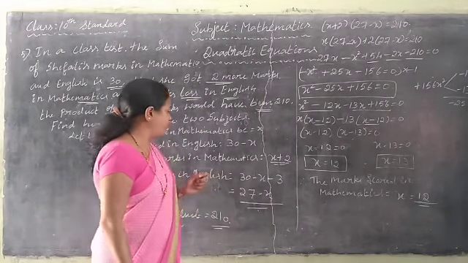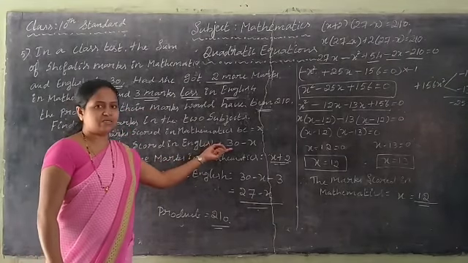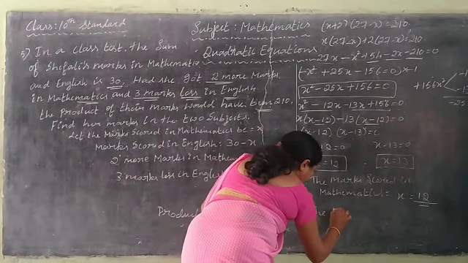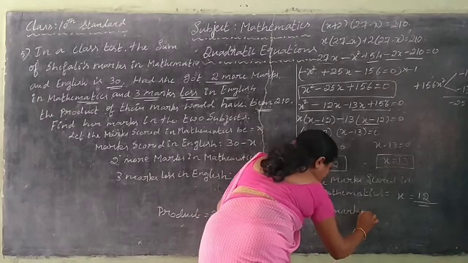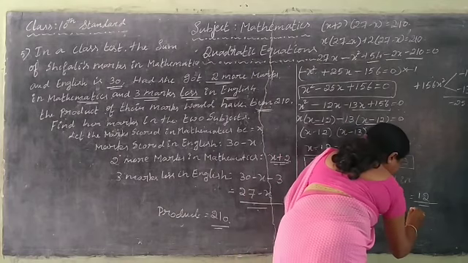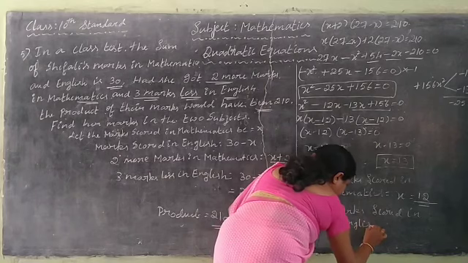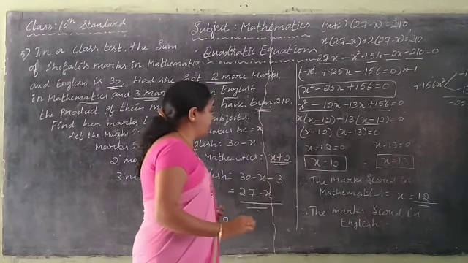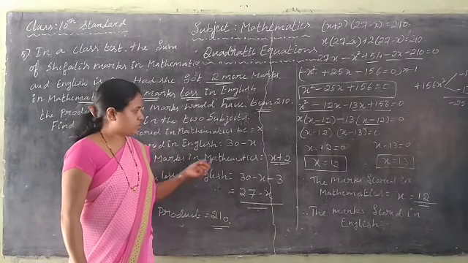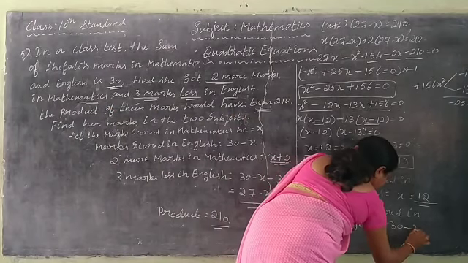In the same way, we have to find out the marks scored in English, children. So English we have taken as 30 minus x, isn't it? Therefore, the marks scored in English is 30 minus x.